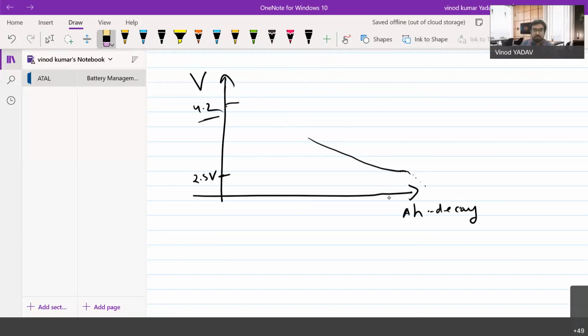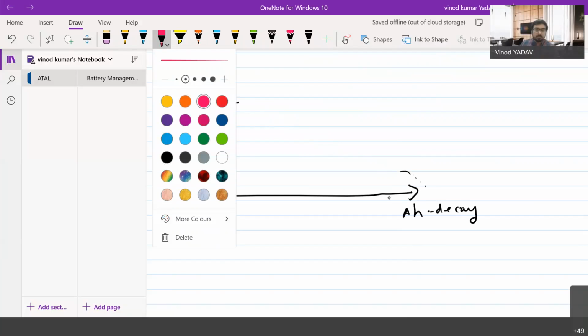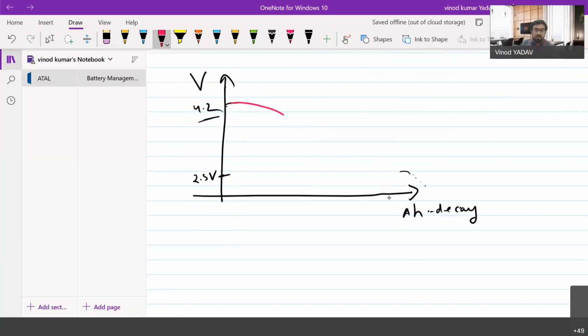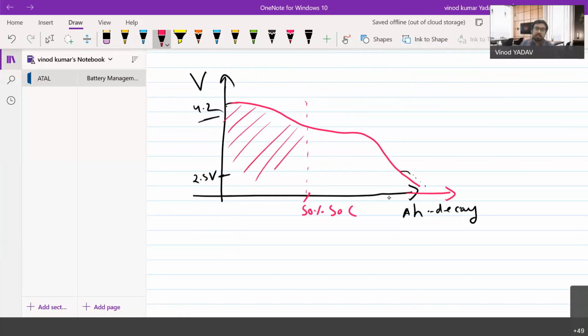Let me redraw it. The curve will somehow look like this. So let's just say I have taken a point of 50% SOC, right? So if you see from here, suppose this area is quite different from this area. By SOC, I mean the amount of charge.